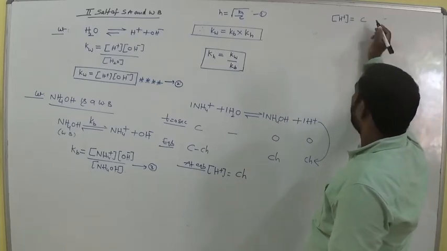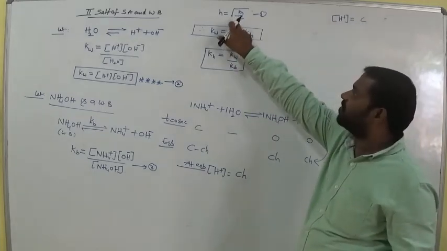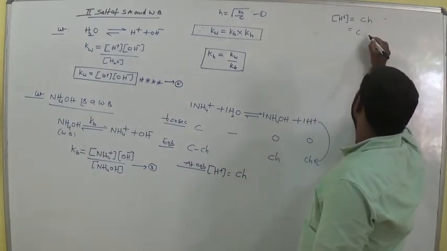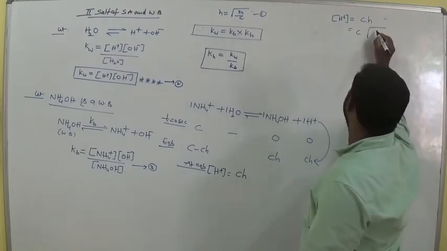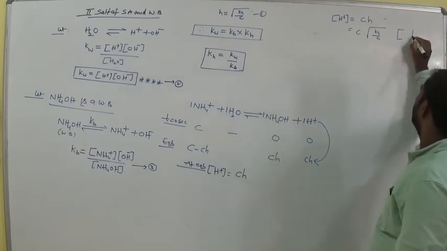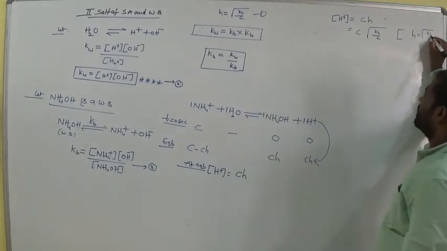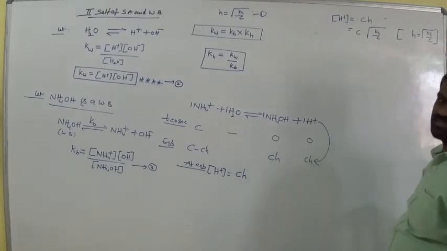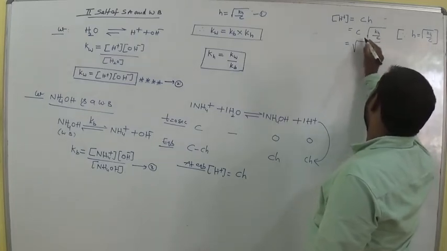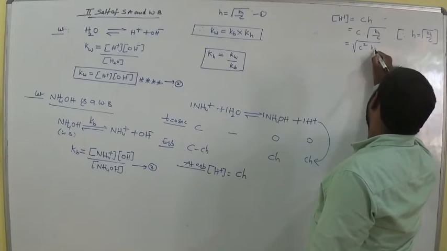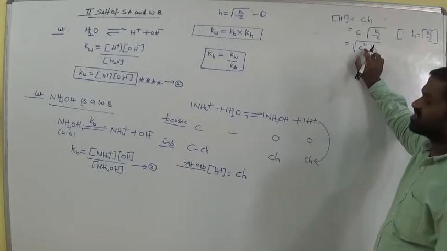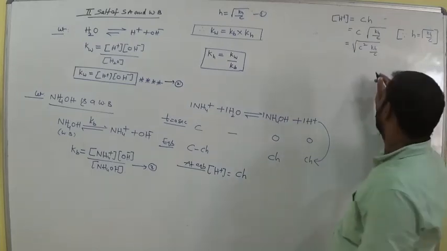C into, what is the value of H here? This is the value of H. So now CH, C into what is the value of H? KH by C, KH upon C, since H equals square root of KH by C, am I right? Now it is under root, C becomes C square, am I right? KH by C, now it is inside the root, it becomes C square. Again, square root of C square means C, we get the same expression. Okay.